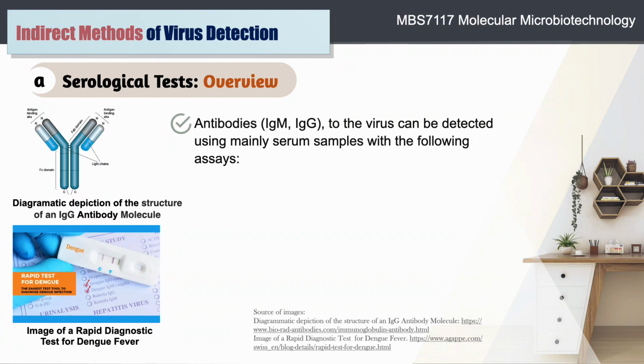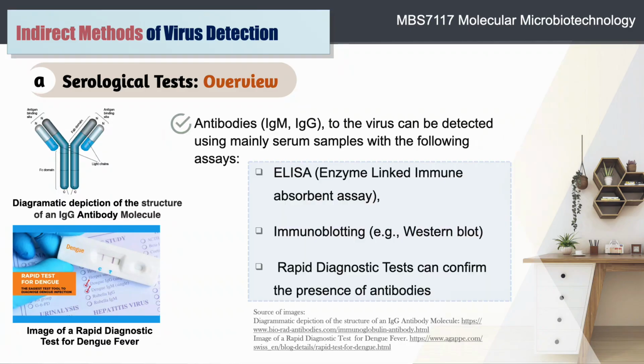So let's go back to antibodies, and we said they can be detected using the following assays: enzyme-linked immunosorbent assay or ELISA, immunoblotting such as the Western blot, and rapid diagnostic tests which confirm the presence of antibodies, just like what we've shown you on the left.